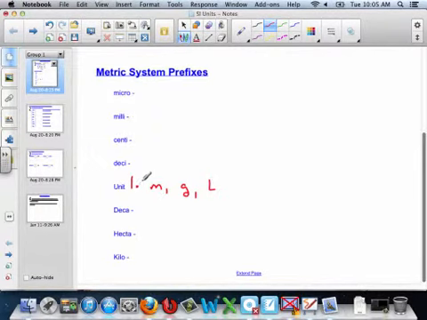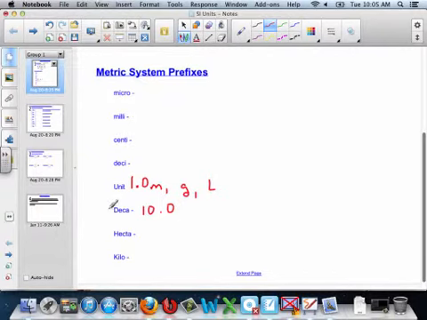We're going to call this 1.0. Let's start getting bigger. Deca means what? 10. Notice, all I'm going to do is take this decimal and move it one place to the right, so it becomes 10.0.